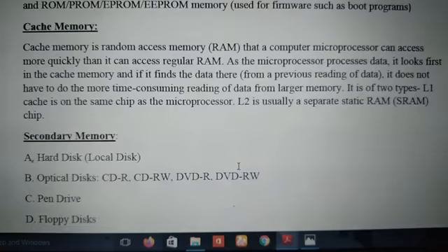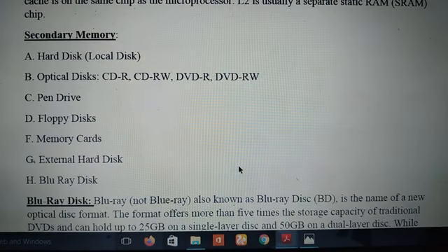Now coming to secondary memory, or auxiliary memory. Secondary or auxiliary memory is used for mass storage. Hard disks are for this purpose. It is used to store the operating system, compiler, assembler, and application program data.